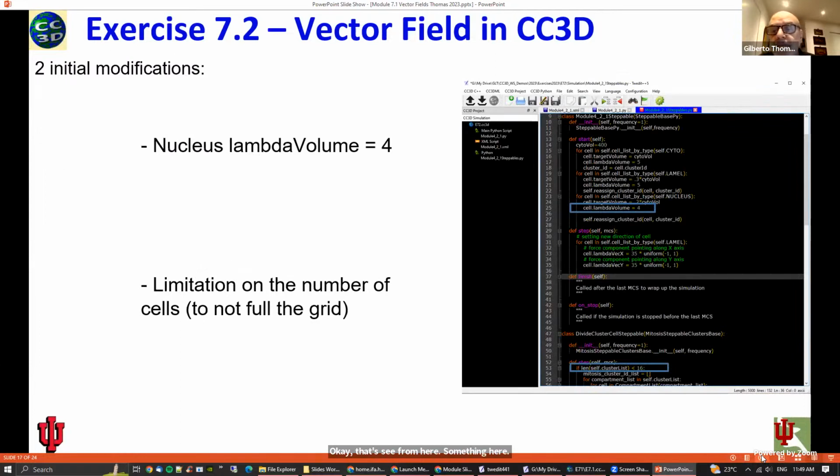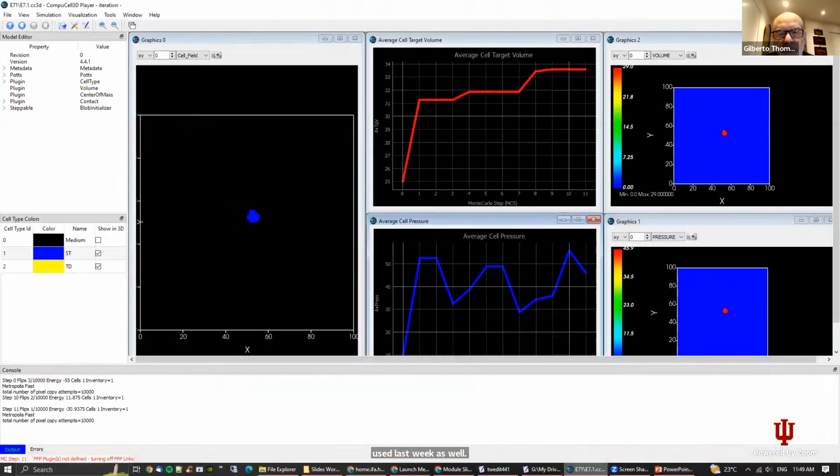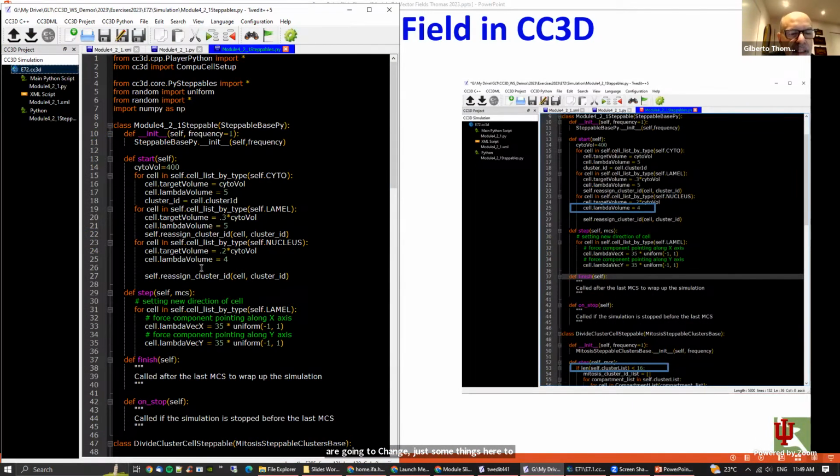Again, we are going to make small modifications in Julio's code, which is really my code that I used last week as well. He took that code and adapted it to compartmental cells, and we are going to change some things here to make it faster. In the cell lambda volume for the nucleus compartment, we are going to put 4 instead of the original 5 it has there.